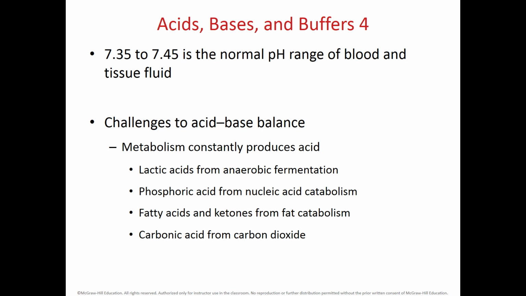Okay, so another challenge to the acid-base balance is through the production of fatty acids or ketone bodies whenever someone is metabolizing their fats, and also through this exchange of CO2 in the red blood cells, we generate something that we call carbonic acid.